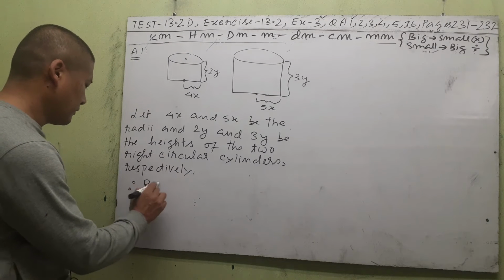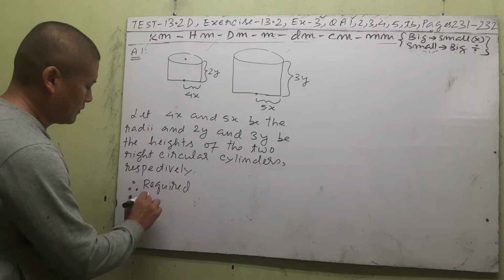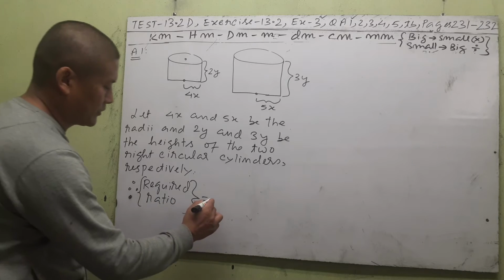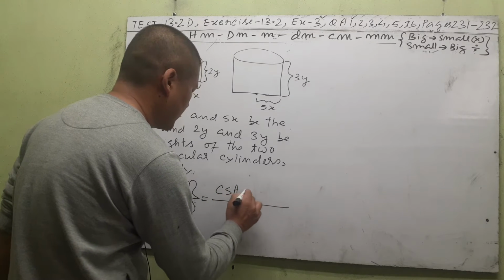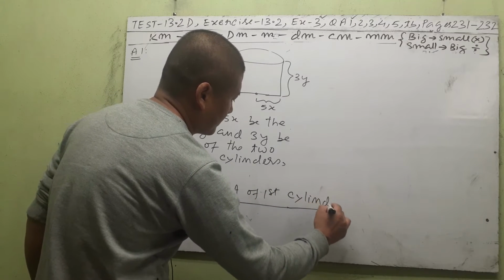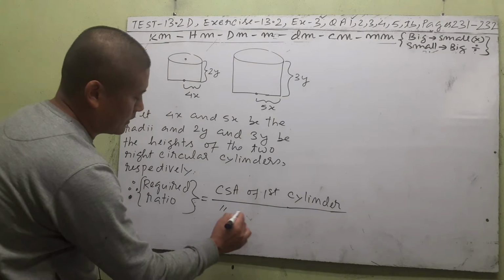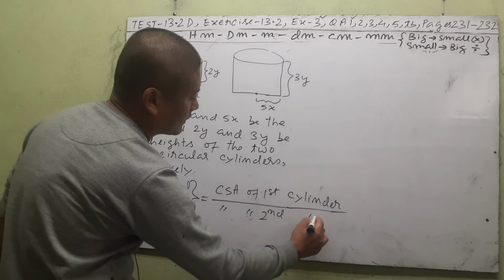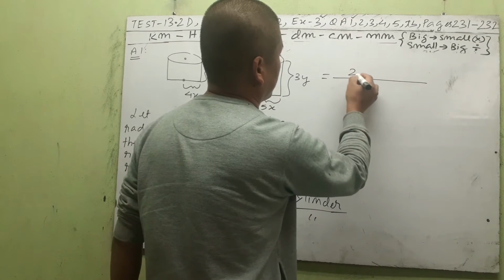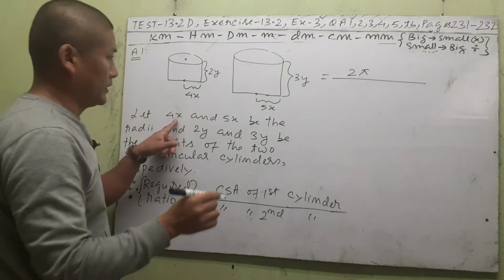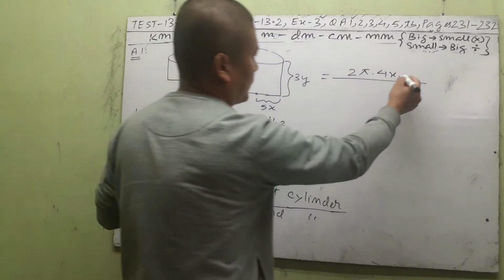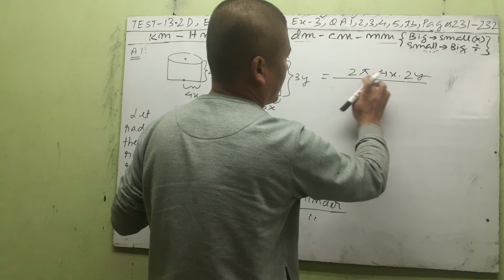So the required ratio. Ratio means division. So the required ratio is the ratio of the curved surface areas. So we write here curved surface area of the first cylinder divided by curved surface area of the second cylinder. The formula for curved surface area is 2 pi RH. So R of the first cylinder is 4x, height of the first cylinder is 2y, 2 pi RH.